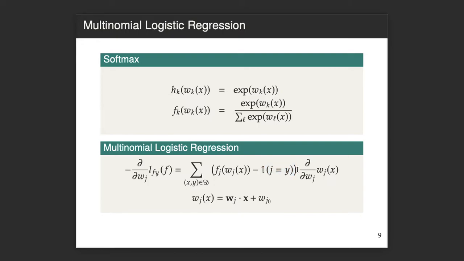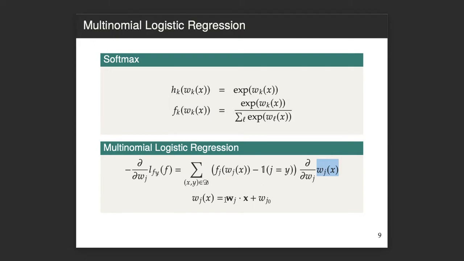So here we have the difference between the prediction and the true class, and we need to assume something about w. We can set w to whatever we want. So w can be any function, but in multinomial logistic regression, w is a linear equation.